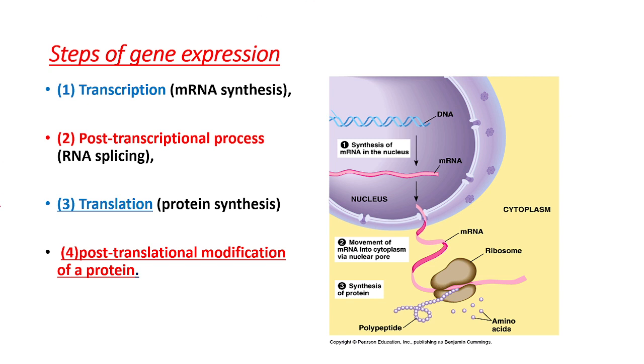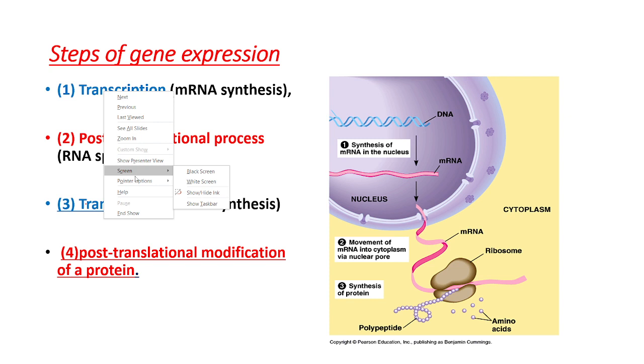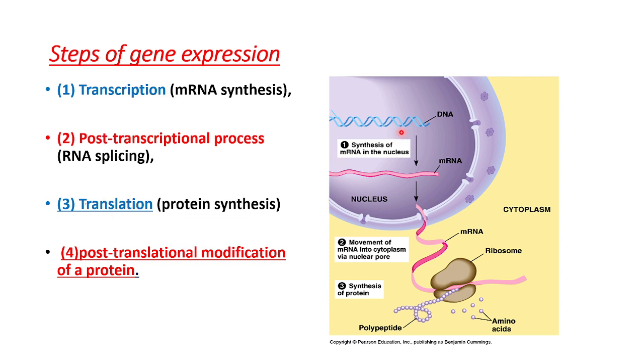So what we see here is a double-stranded DNA, and after that we are synthesizing the mRNA inside the nucleus. After that, the mRNA moves out of the nucleus into the cytoplasm via the nuclear pores, and then it goes to the ribosome where the synthesis of your polypeptide or protein takes place.